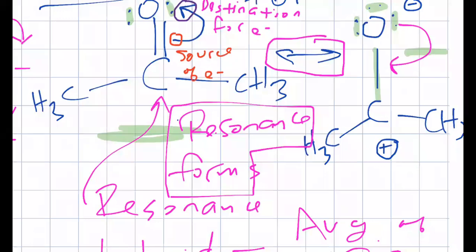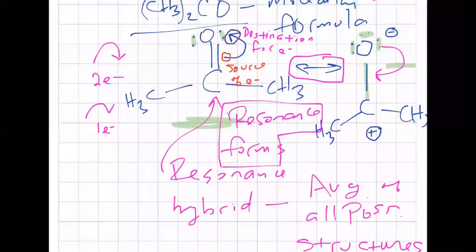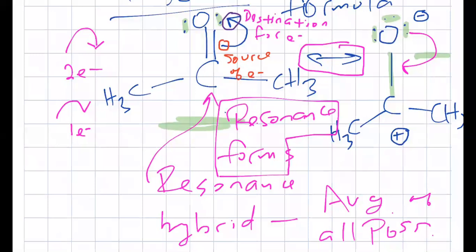But if I only move one electron, I have to use a different arrow. So this arrow is telling me I'm moving two. If I move one electron like that, there'll just be a single unpaired electron sitting there between carbon and oxygen. But the actual charges and all that stuff won't go away.